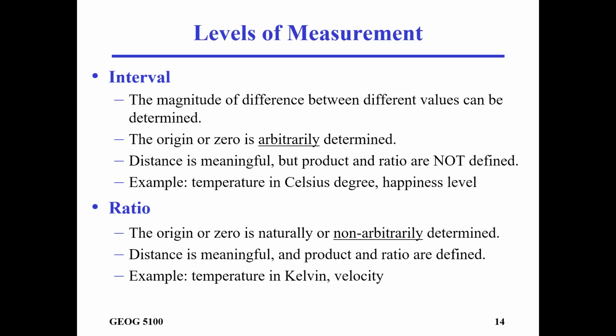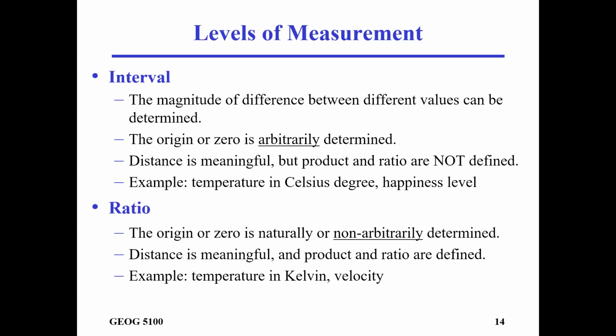You may ask, what do you mean by a meaningful 0? 0 Celsius degree and 0 Fahrenheit degree, these two 0 values are not absolute 0. For example, what's the definition of 0 Celsius degree? It's the temperature when water begins to freeze.